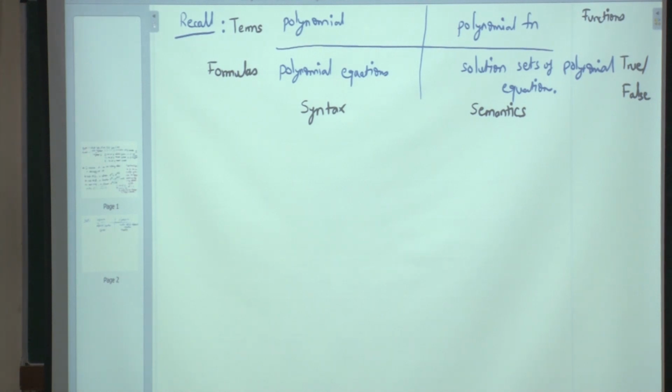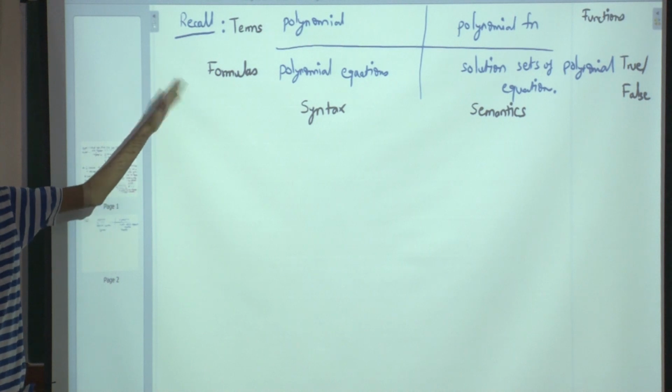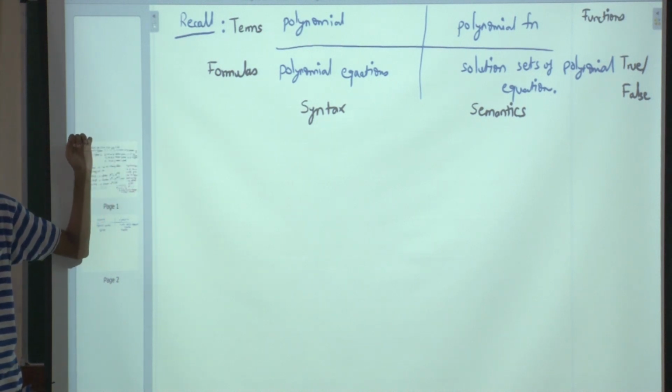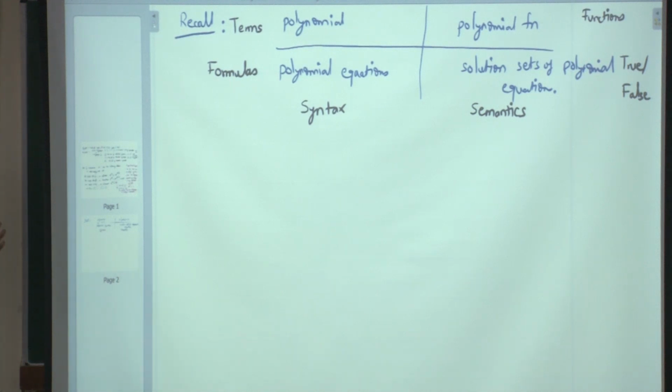Is this part clear right now? And when we are talking about this, what language are we talking about? Everything corresponds to a language. Which language are we talking about here? The language of polynomials.